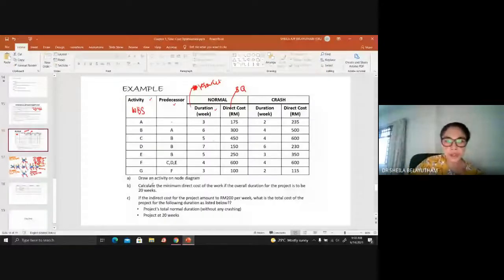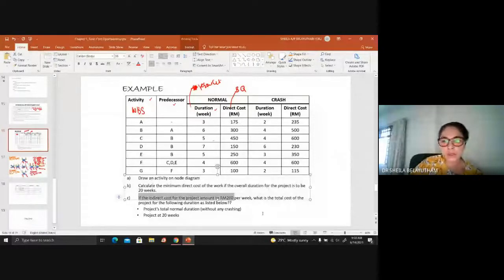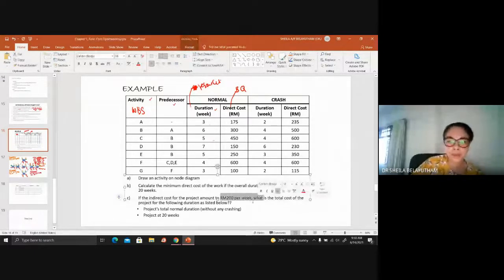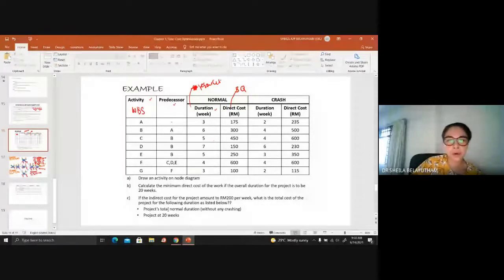Alright, so next one, you have completed A, you have completed B. Let's say the indirect cost is given as 200 per week. Because indirect cost, you can't calculate from here. Usually, it will be given to you because it's a constant number. So let's say it's 200 per week. What will be the total cost for the normal duration without crashing and the project at 20 weeks?